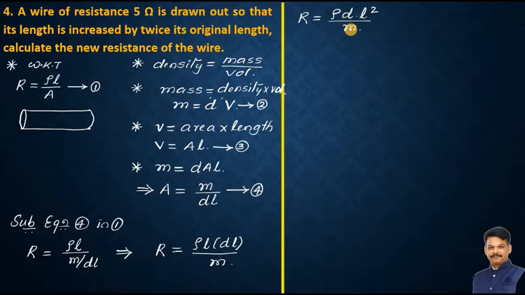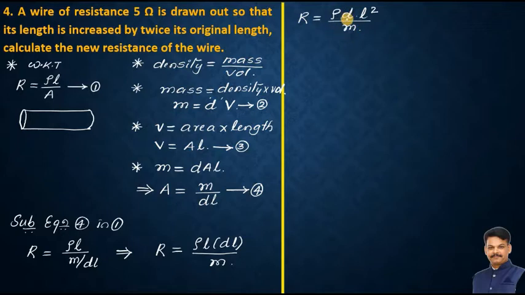Yes. Now we got the equation of resistance, which is in terms of length. See, observe here, rho is nothing but the resistivity of the material. D is the density of the material. M is the mass.